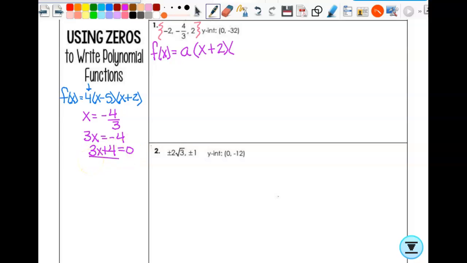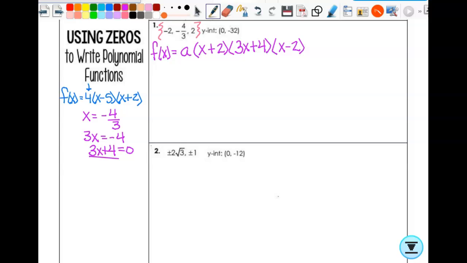That's my factor. Just make sure you don't mess up the sign. So this is actually going to be 3x plus 4, and then this 2 makes this x minus 2. Okay, all that makes sense so far?